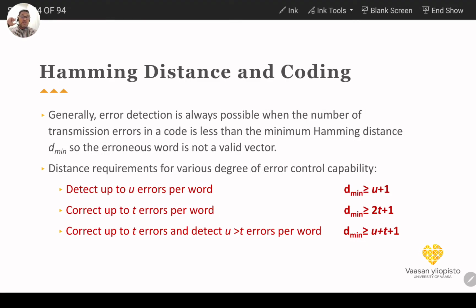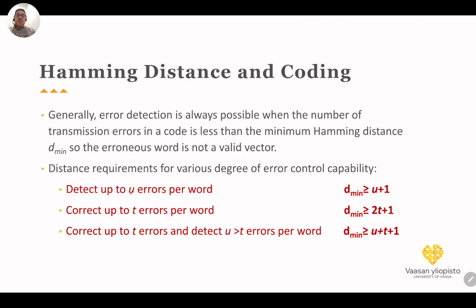There is a relation actually between the Hamming distance and the capability of block codes. You can see here, for example, if you want to detect up to u errors in a bare word, where the bare word is the total code including the message bits and also the parity bits, say we have seven bits and we want only detection without correction of u bits, then the minimum distance must be greater than or equal to u plus 1.